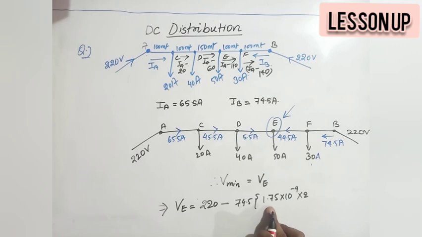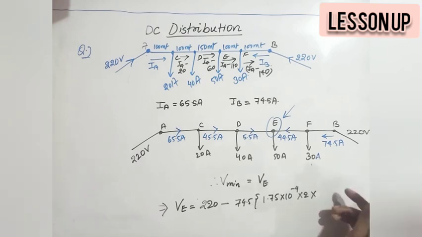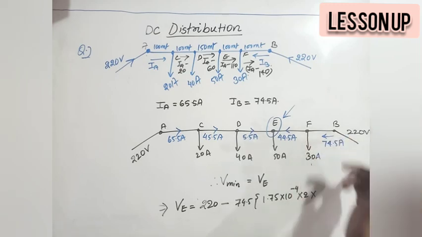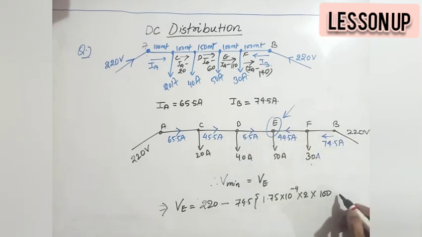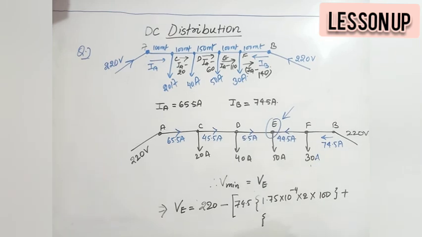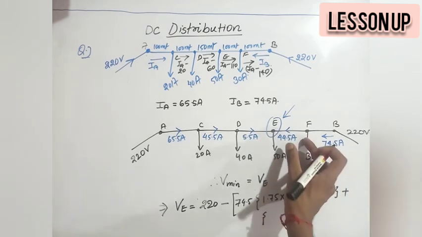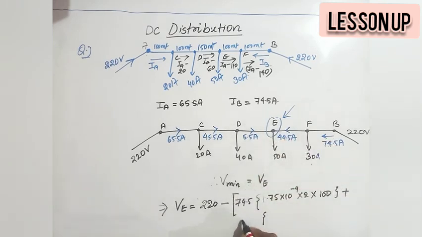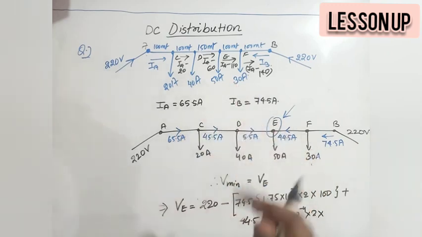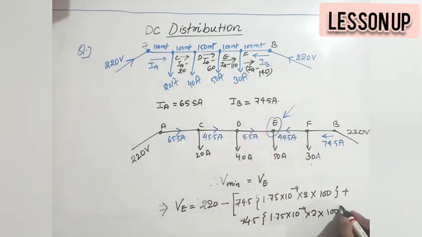Resistance is given per conductor, so there will be two conductors into the distance between F and B, which is 100, plus the current between F and E is 44.5 and resistance is 1.75 into 10 to power minus 4 into 2 into the distance between F and E, which is 100 meter.